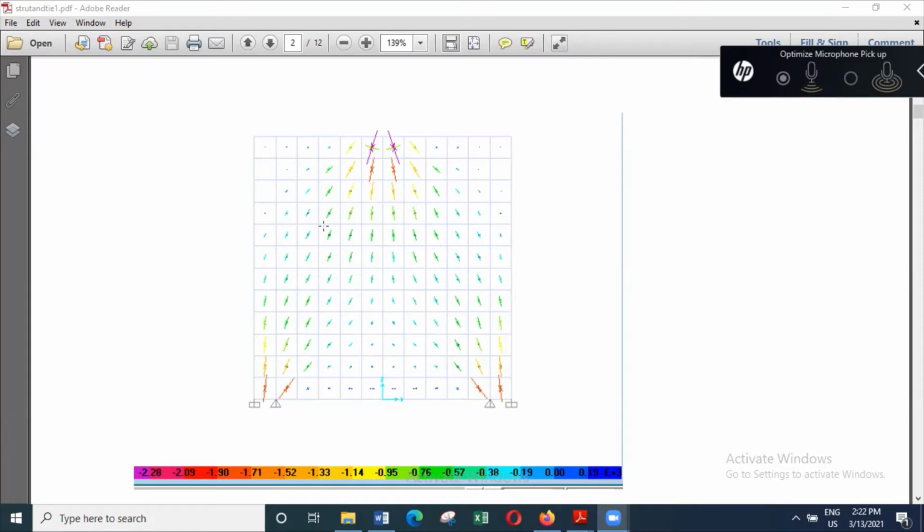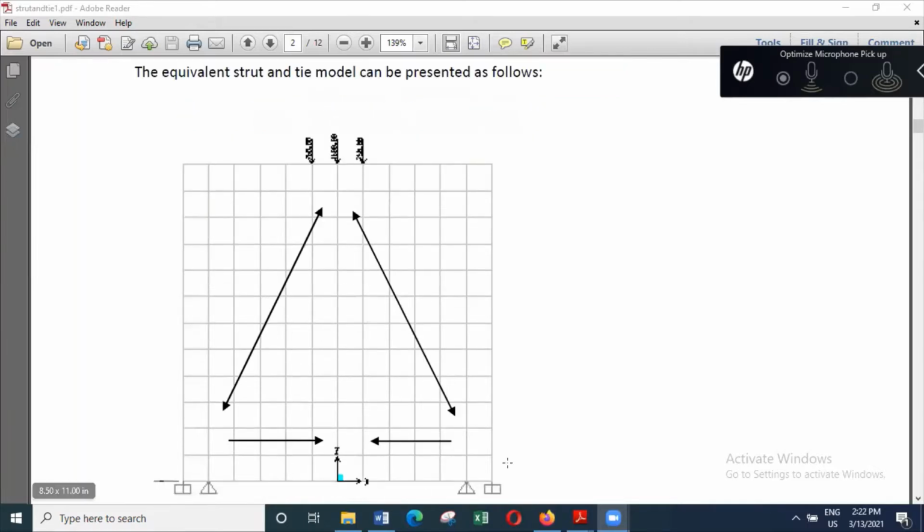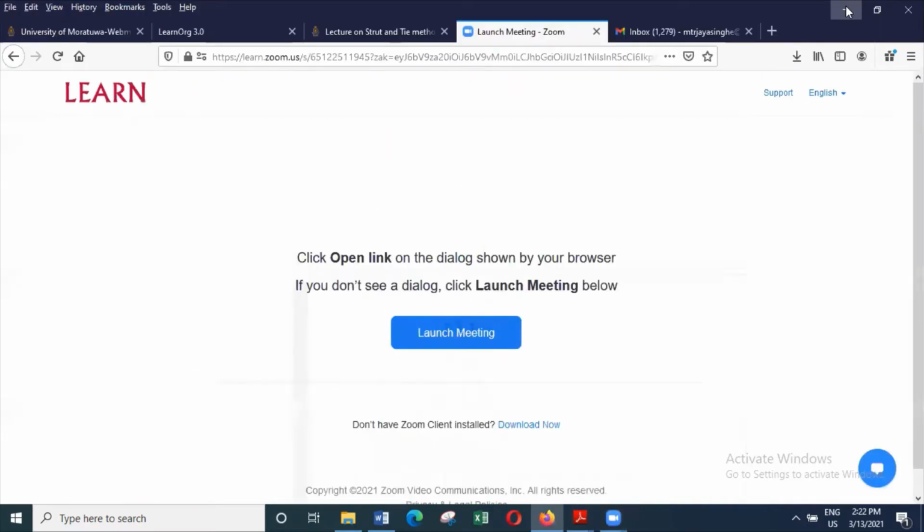In this region, the concrete acts in compression. This region also, concrete acts in compression, and in this region, you get tension, which means you have to provide reinforcement. If you look at the way that the loads are transferred, you will see this is the way the loads will be transferred. Before we go deeper into it, we'll have a look at how we create an FEM model.